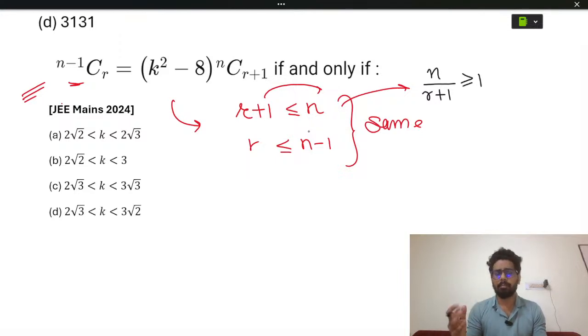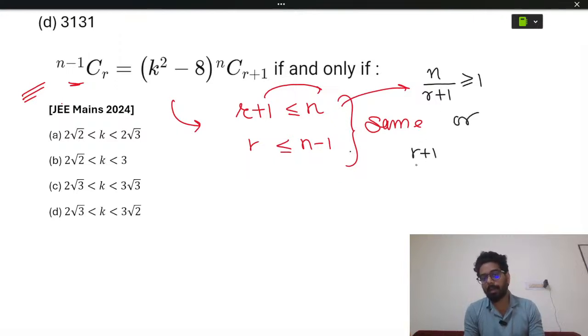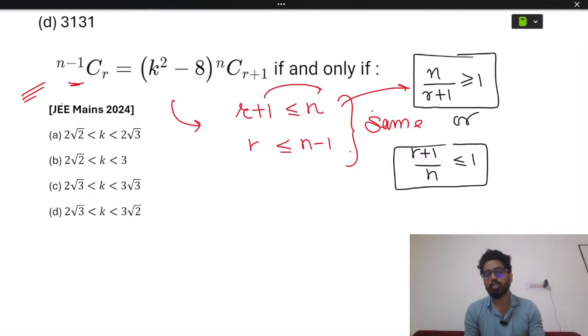We actually can, but we have to be cautious, because signs will get changed. That's why we will not take a risk with any such thing. So simply if it is positive, only then we will multiply. We are very sure r plus 1 is positive, so we can multiply and signs will not change. Or you can say r plus 1 by n is less than or equal to 1. So these are some possibilities, the conclusions that you can draw from here.